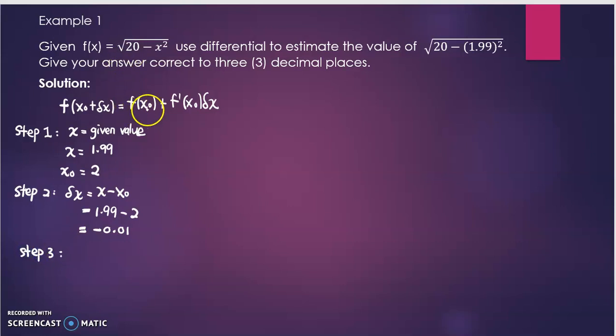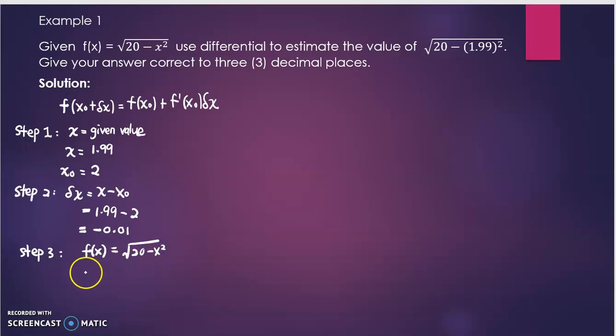In step 3, based on this formula, we already have x0. Now I want to differentiate the function f. The function is given: f(x) is equal to the square root of 20 minus x squared.